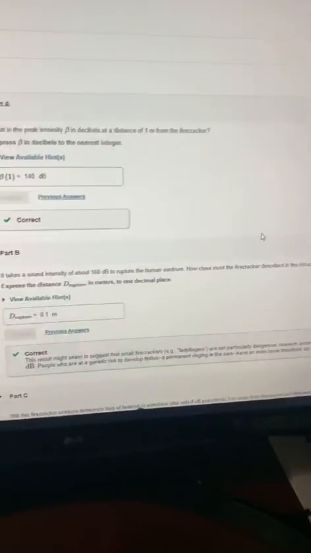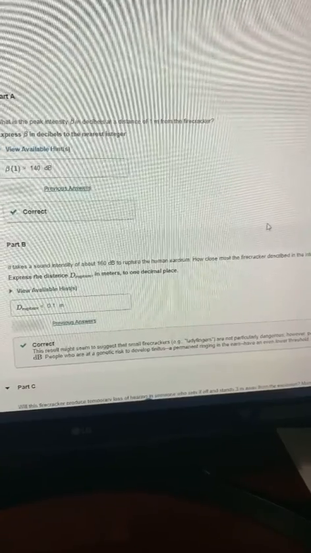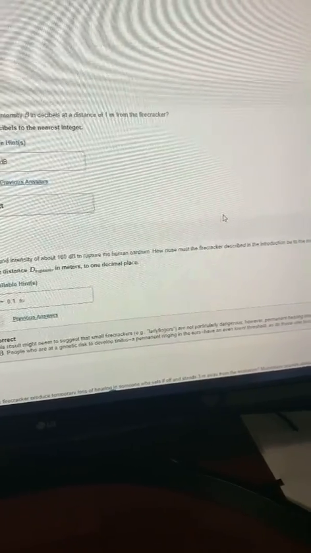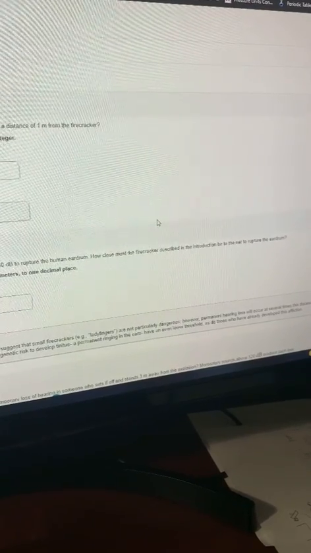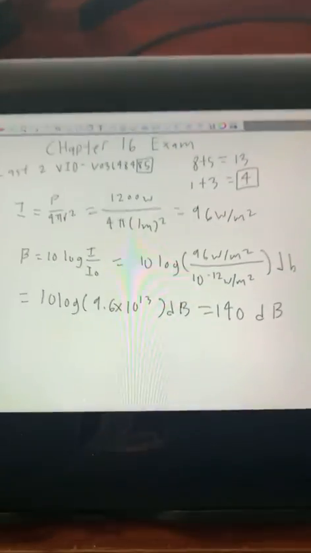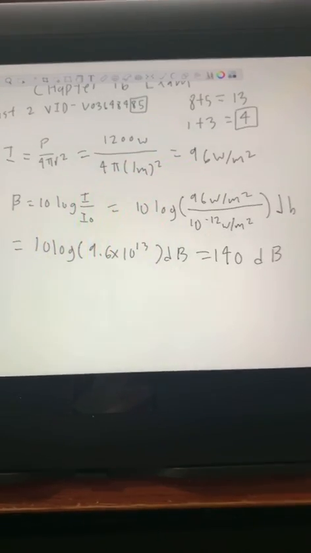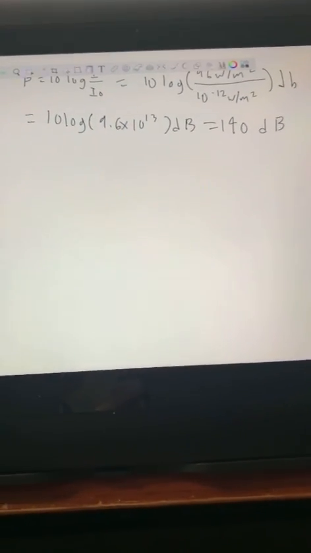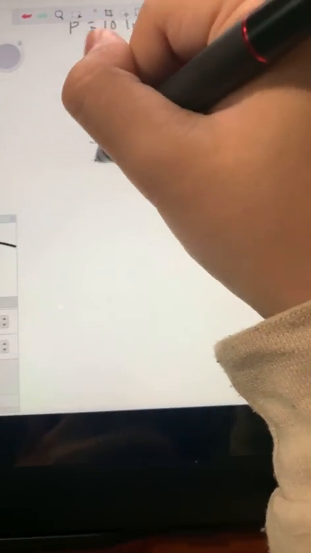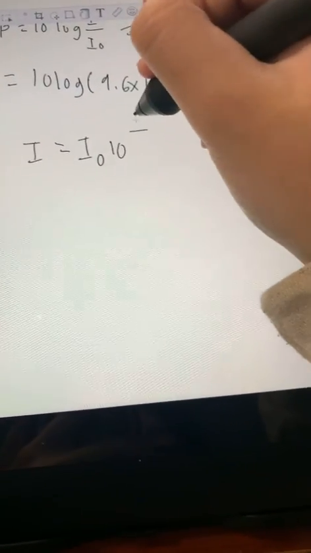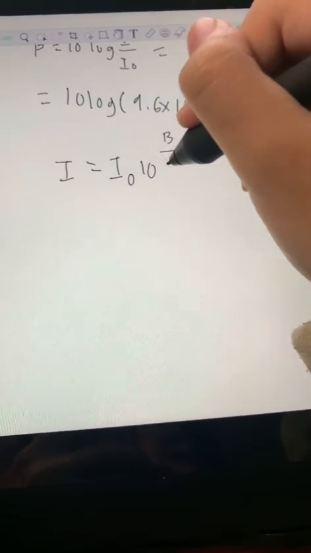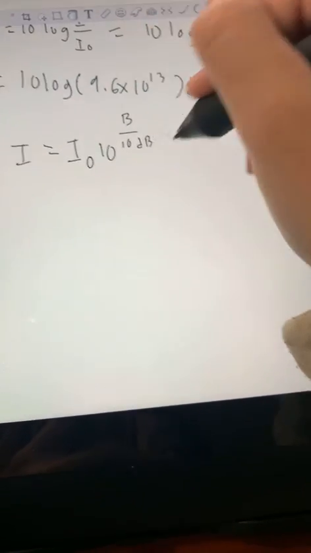Part 2 asks us, it takes a sound intensity of about 160 decibels to rupture the human eardrum. How close must a firecracker described in the introduction be to the ear to rupture the eardrum? In order to find this, we can invert the decibel equation and fill in the values. So we can do I equals I0 times 10 to the power of beta over 10 decibels.